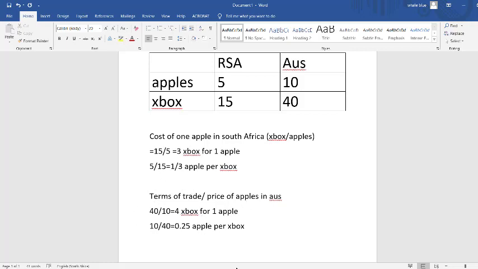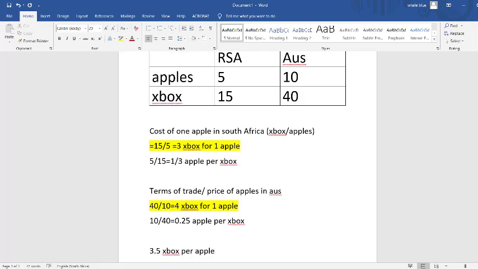Where the prices would be, if you look at it in terms of apples, that's the price of apple in Australia. In South Africa, this is the terms of trade. In Australia, if the price was maybe 3.5 Xbox per apple, who would that benefit?